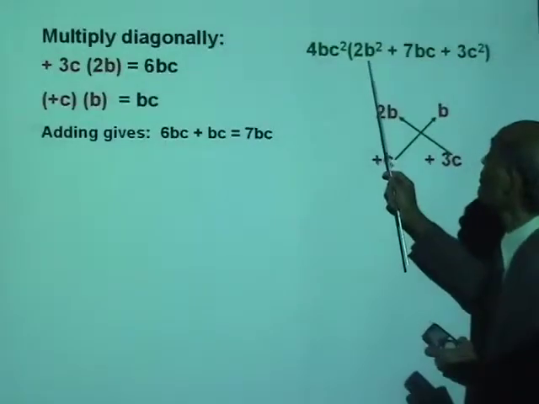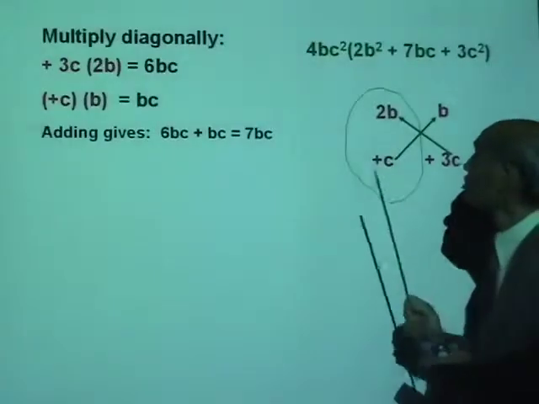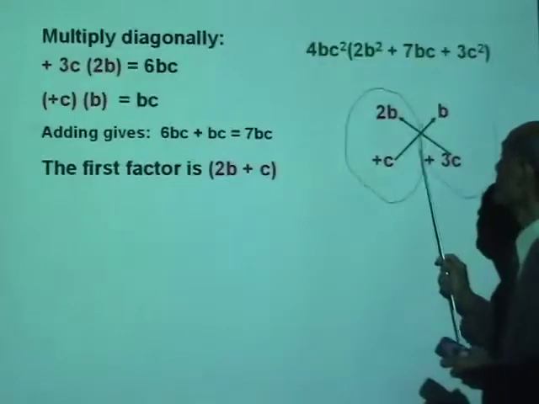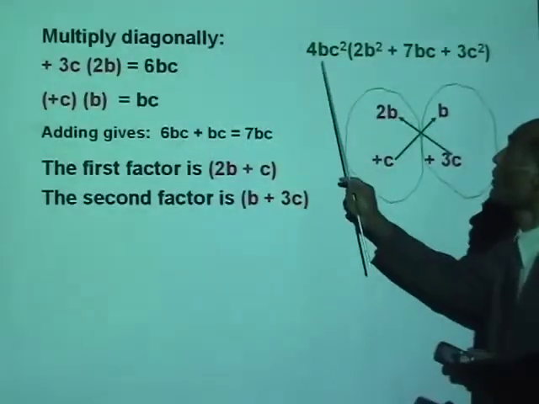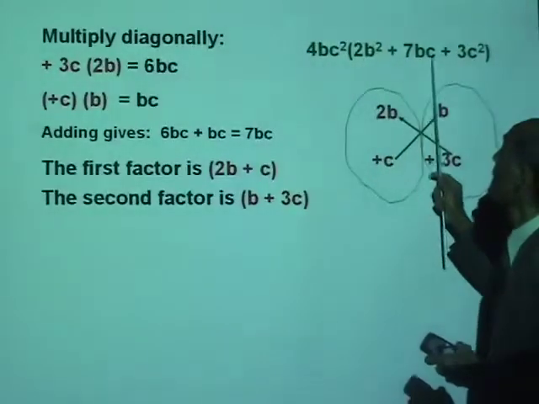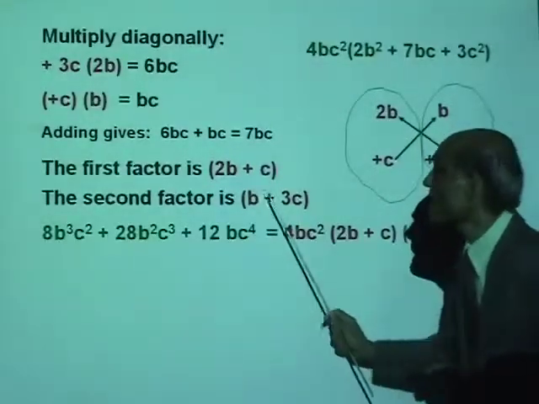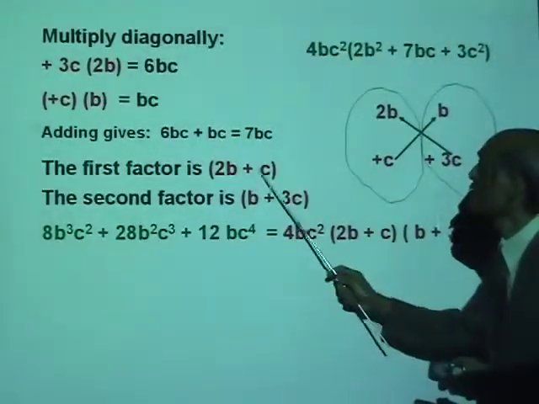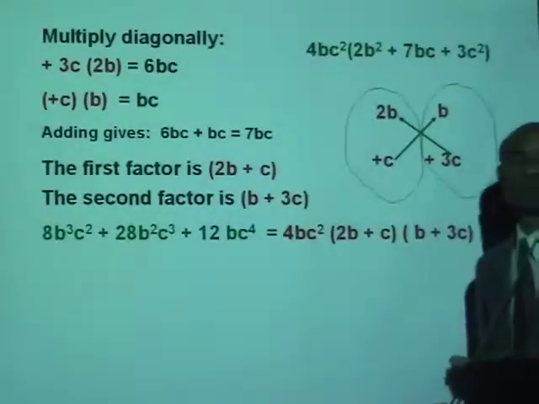What are the factors of this trinomial? The first factor is 2b plus c, and the second factor is b plus 3c. And therefore, this expression 4bc squared times 2b squared plus 7bc plus 3c squared is factored as 4bc squared times 2b plus c times b plus 3c.